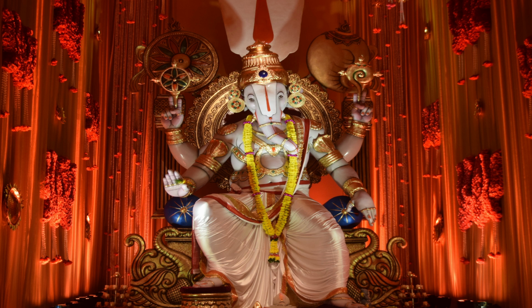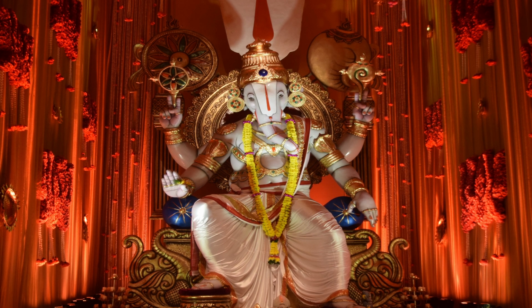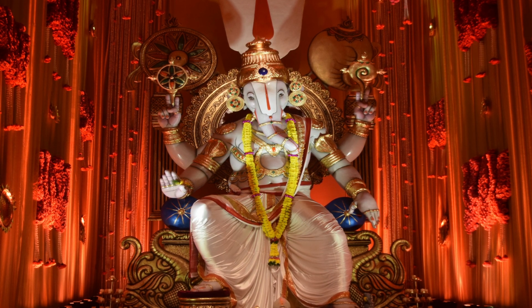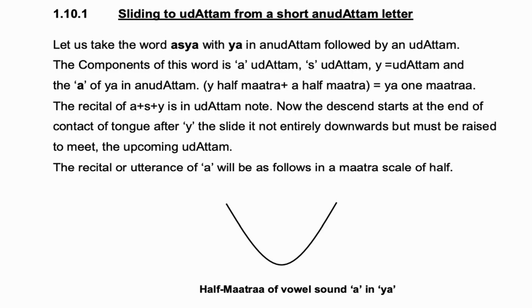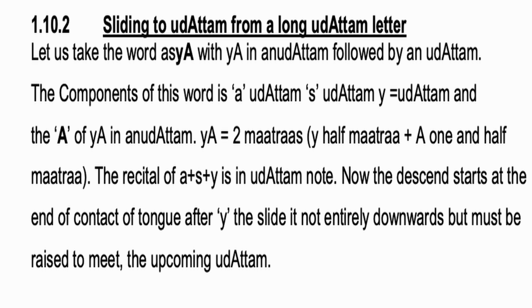Let me take the same word with a variation in the length. One is asya, another is asya. Let us assume the first asya, ya, has an anudatam, and in the other asya, the ya also has an anudatam. Let us say the following word is nama, where the na is an udatam.